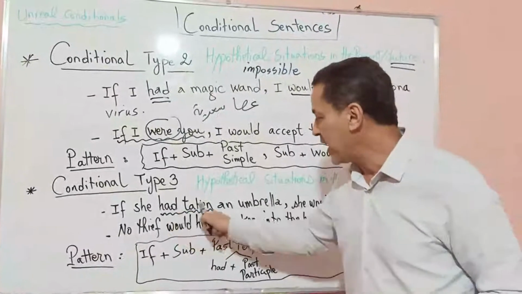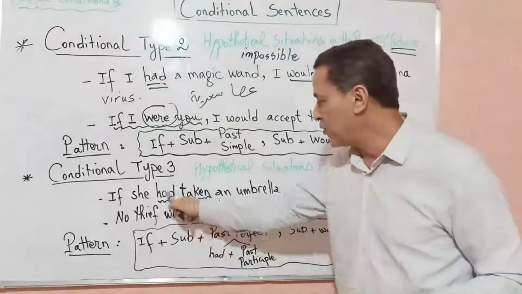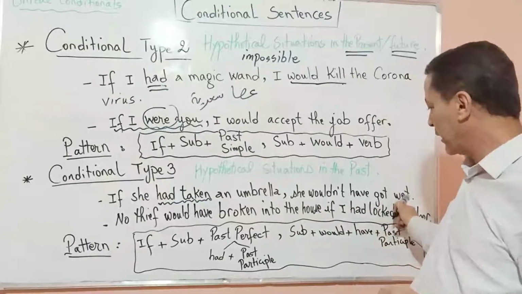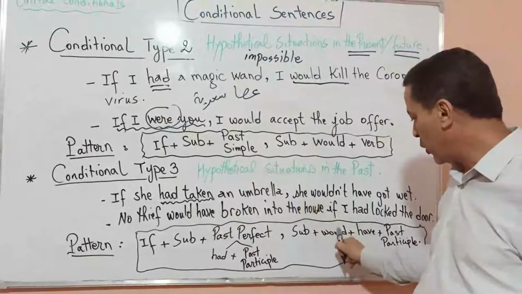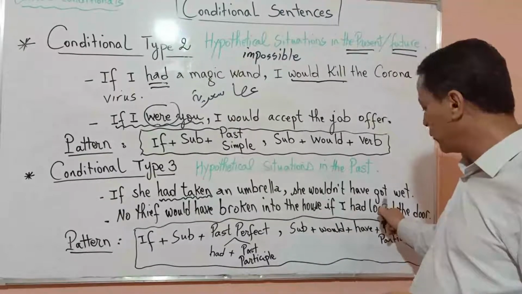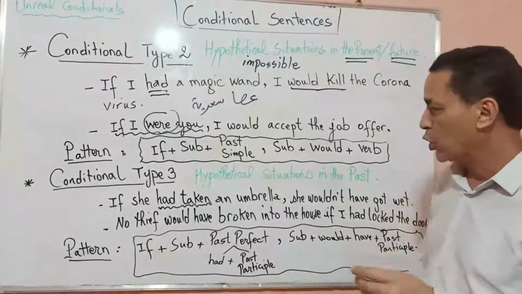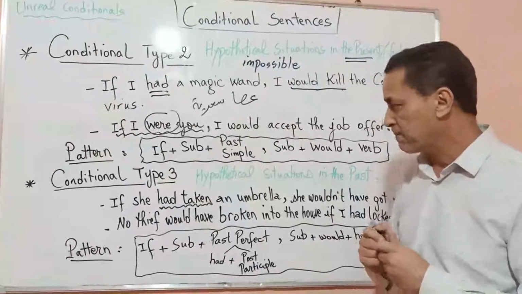So if I had taken, it is the past perfect of take. If she had taken an umbrella, she wouldn't have got wet. And then we have subject, plus would, plus have, plus past participle of the verb to get, which is got. So we say get, got.